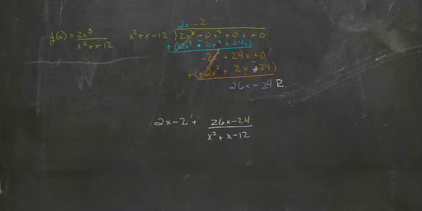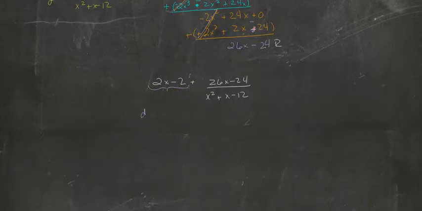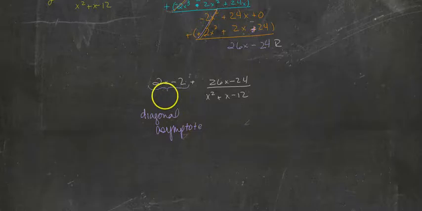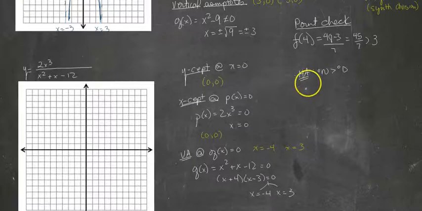Now in this case, we don't care all that much about the remainder and the rational term, but we care that this first part of it is a line, and this line has a slope of 2 and a y-intercept of negative 2, which is our diagonal asymptote. I always thought that was just cooler than cool. So 2x minus 2, that line is our diagonal asymptote.